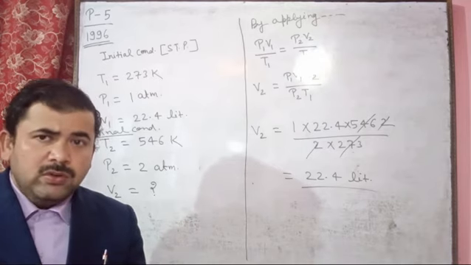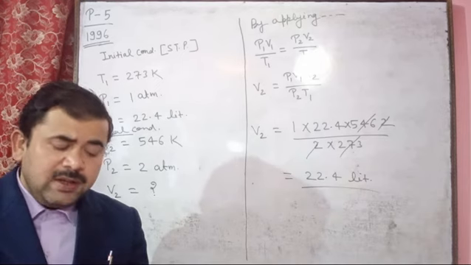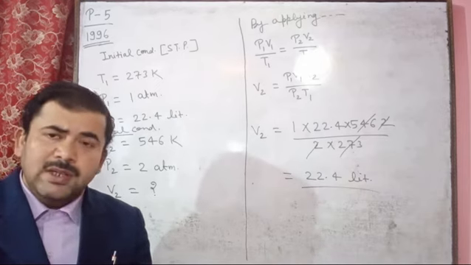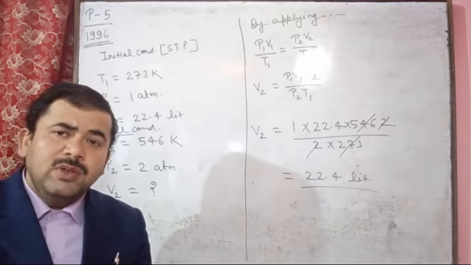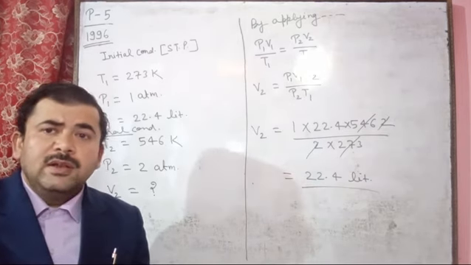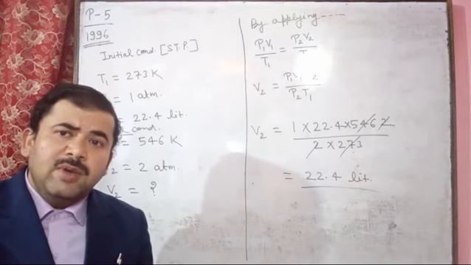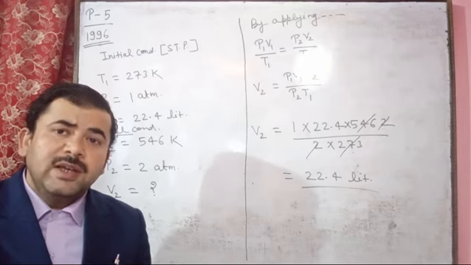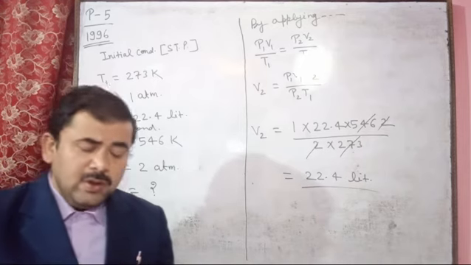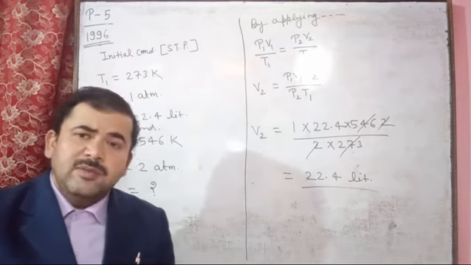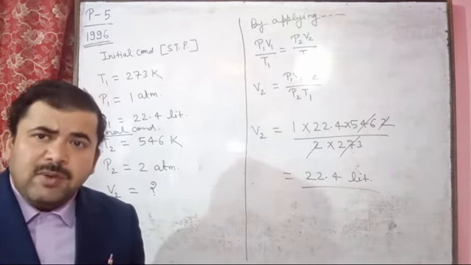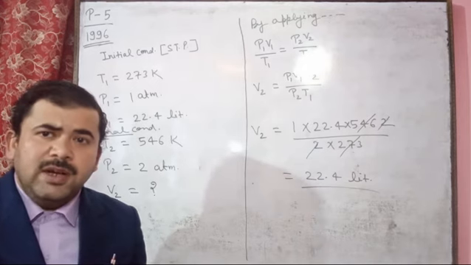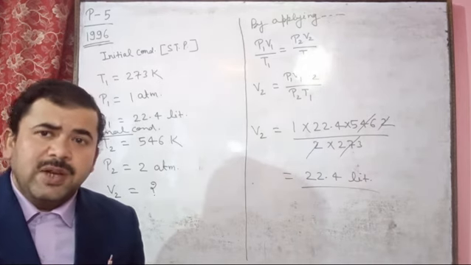So no, this is not possible, because we know that if the temperature and pressure change, then the volume also will change. This is the reason that for referring to the volume, we take the STP condition, standard temperature and pressure.